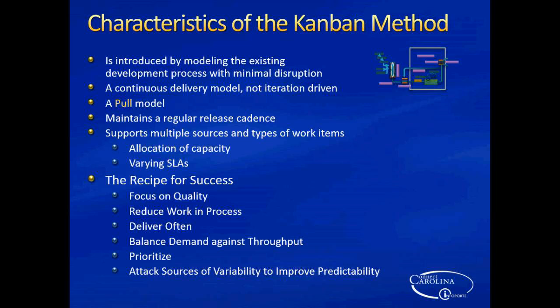Continuous delivery model, we talked about that. What do we mean by a pull model? As and when you have the bandwidth, you pull something from the queue. Exactly. And who does that? The team. The team, yes. Or a member of the team. Wow, okay, I'm done with this.